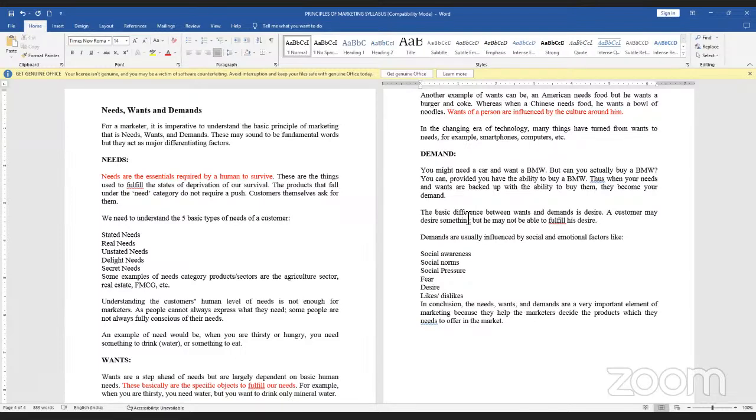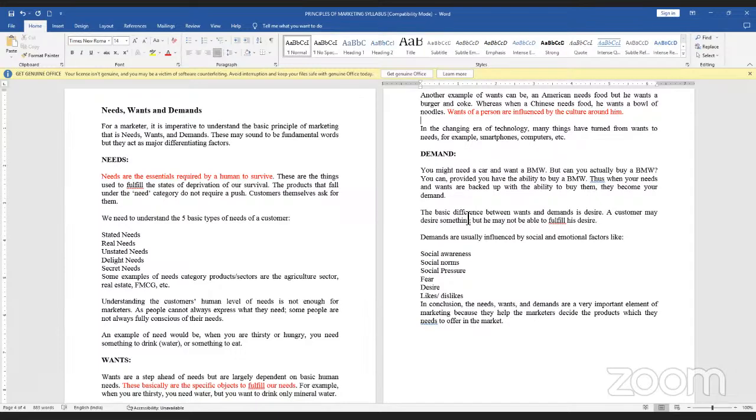Even I would like to have an iPhone. Even I would like to live in a big villa. Every one of us would like to live in big villas, would like to have an iPhone, and similarly, every one of us would like to travel in a BMW car.